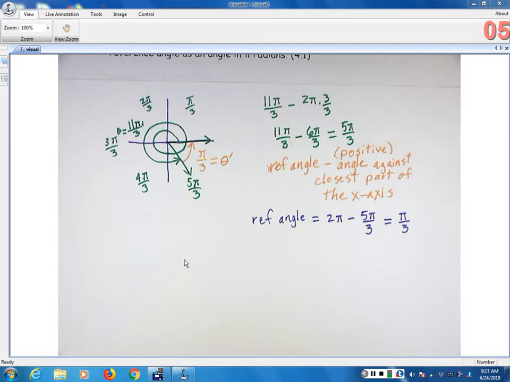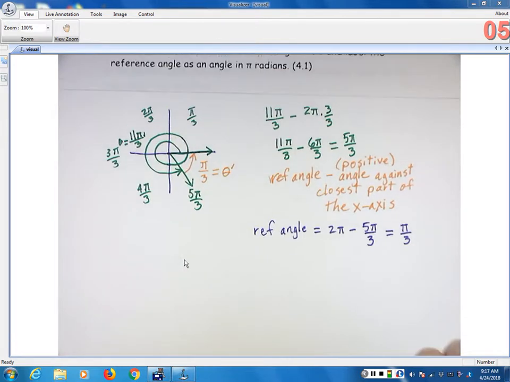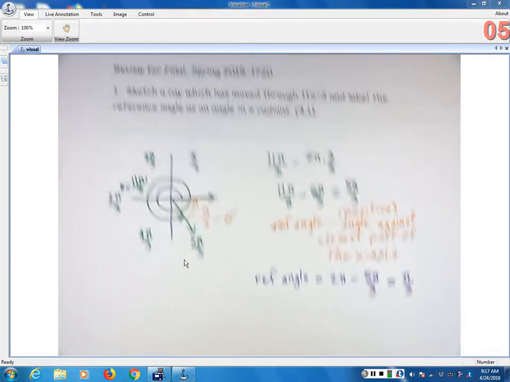Sorry, I made an extra mark there. If you want to use different colors, yeah, it'd be good to label it as theta prime. Or I'll have a blank for you to write the reference angle in, but I'm grading you on your sketch. It says sketch a ray.